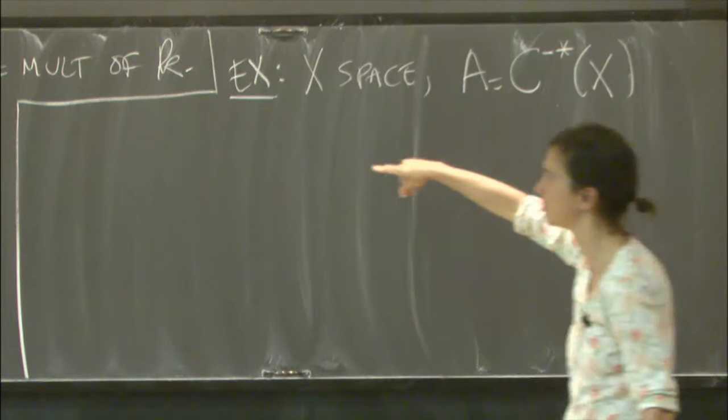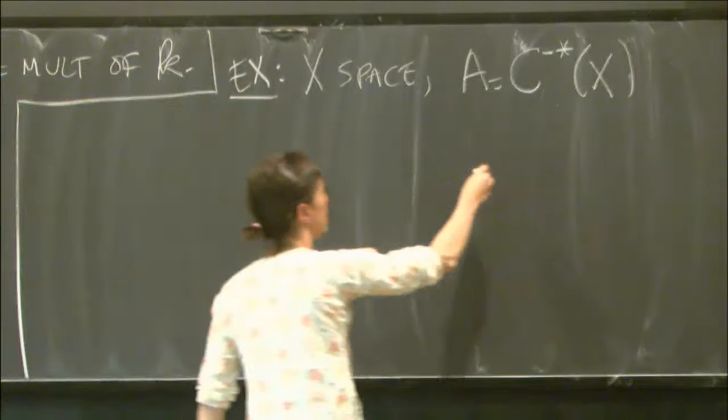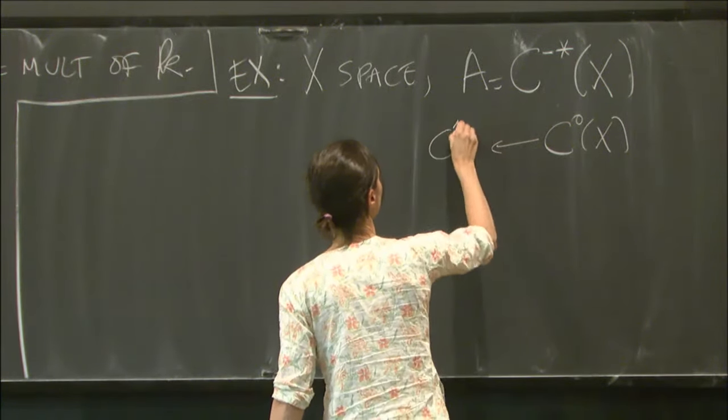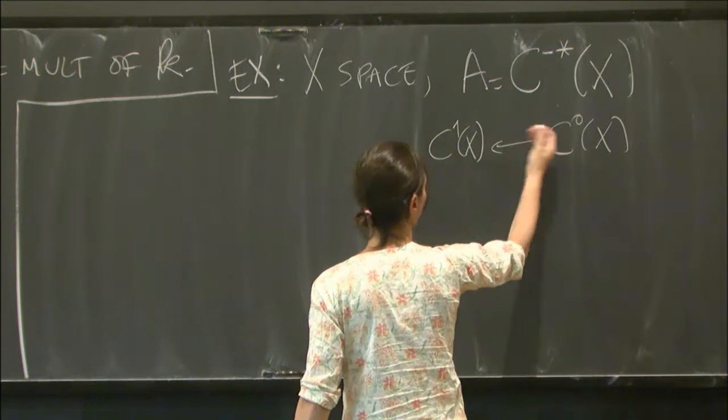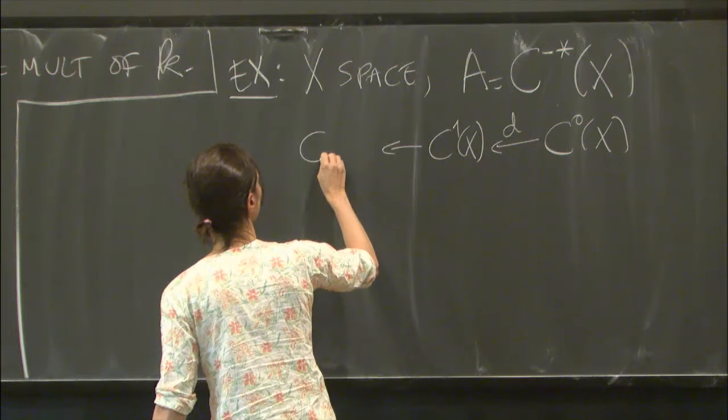This is why I also wanted to allow any grading here. I'm allowed to go in the negatives, so I'm putting C0 X and then C1 X here in spot -1, and then the differential goes this way in the cochains.